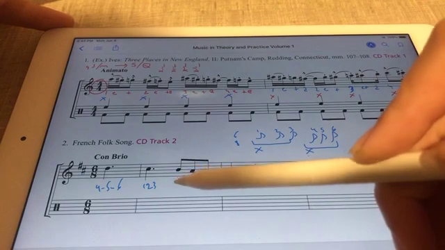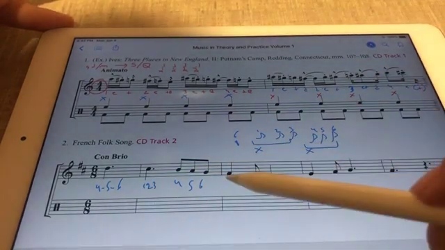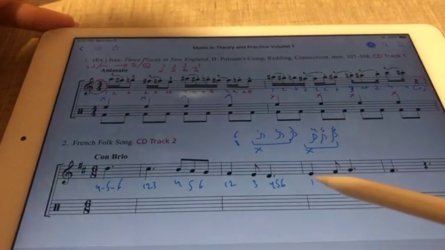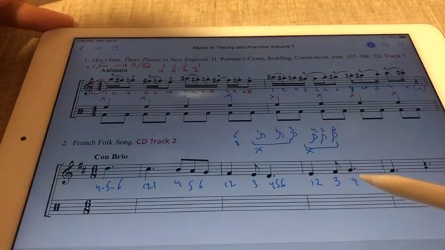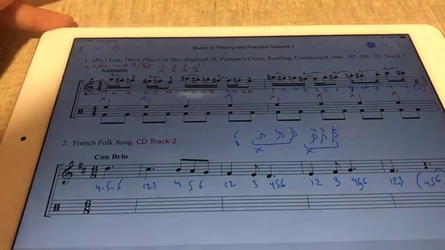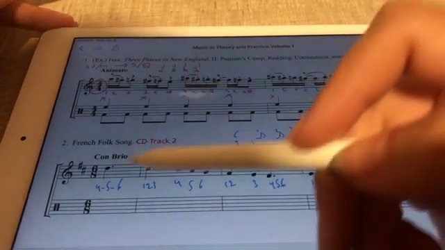1, 2, 3, 4, 5, 6. 1, 2, 3, 4, 5, 6. So where does my pulse come? On every 1 and 4.